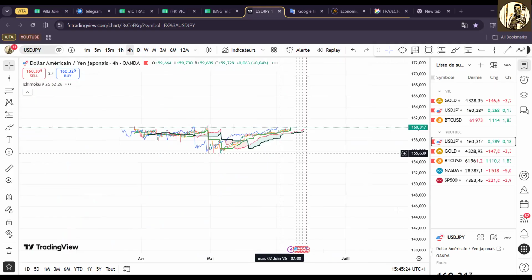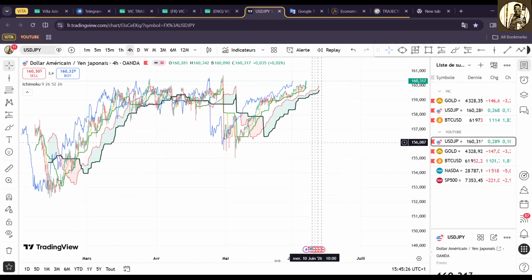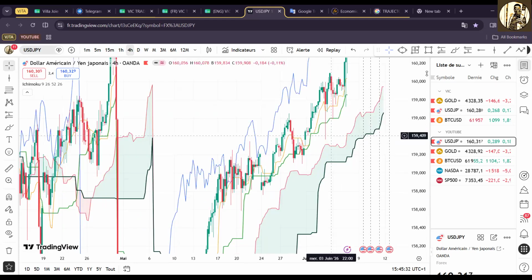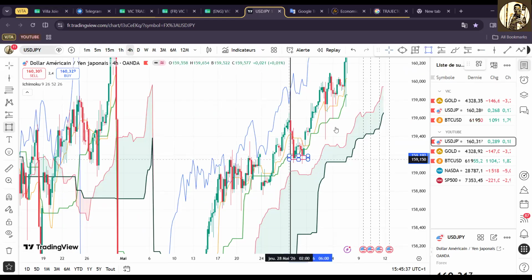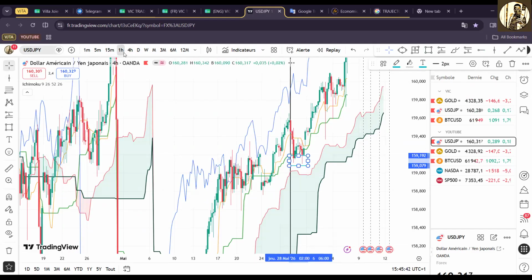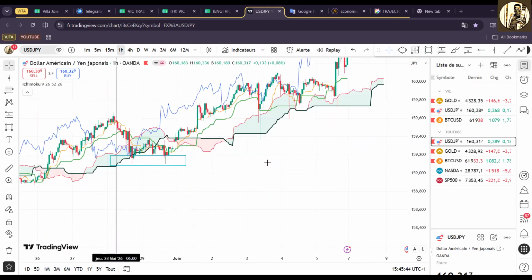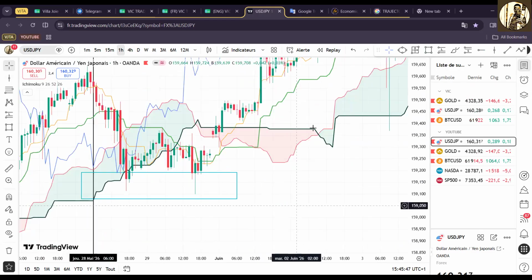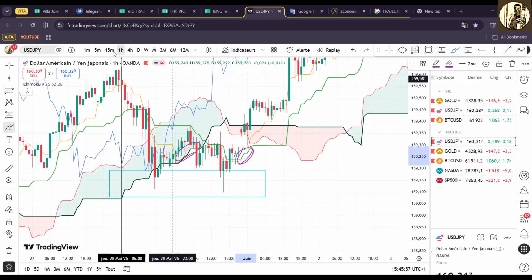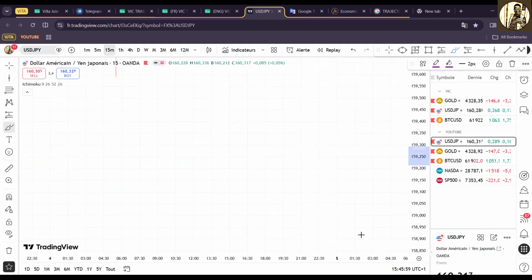If we take, for example, let me see at this level. Is it right here? This is for Kijun, right? When Tenkan starts bending toward the upside at this level, or at this level too, it's the right moment to start buying this Kijun.